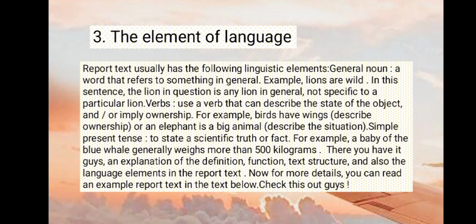Number 2, verbs. Use a verb that can describe the state of the object and or imply ownership. For example, birds have wings to describe ownership, or an elephant is a big animal to describe the situation.